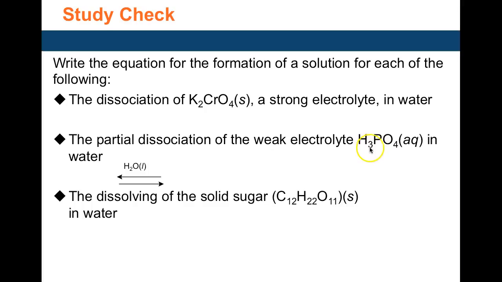Partial dissociation of H3PO4. So one of the H's might come off, and then what's left is the H2PO4 negative, and then C12H22O11, which is sucrose, and so that would dissolve, but instead of the S, you would have AQ on the other side, and it would look something like this.